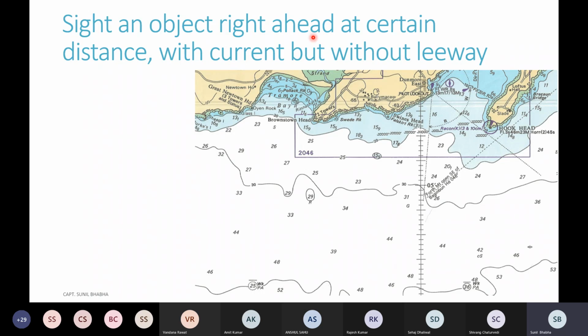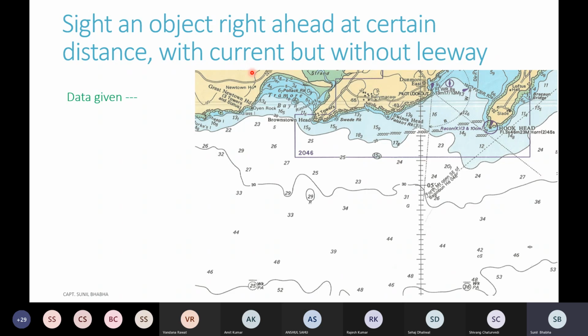It should be right ahead at a given distance, and there is some current in that area. So we need to find out our CTS. The CTS is not known to us, so that the lighthouse is right ahead at the given distance.